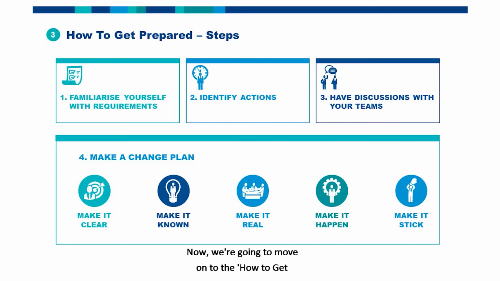Excellent. Now we're going to move on to how to get prepared. So we have outlined and identified a number of key steps to support you in preparing for the 1 July 2021 requirements. Many of these steps are based on the critical areas of being familiar with the QI program requirements and the QI program manual, and communicating these with your teams and organisations as a whole.